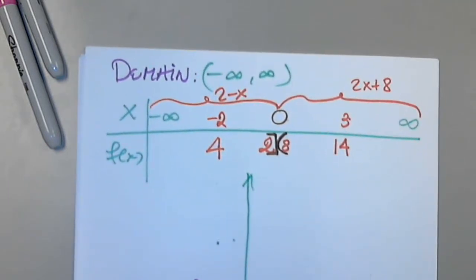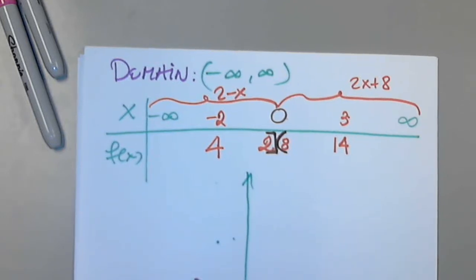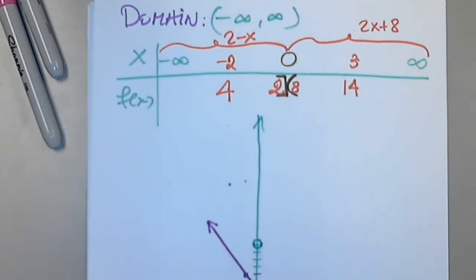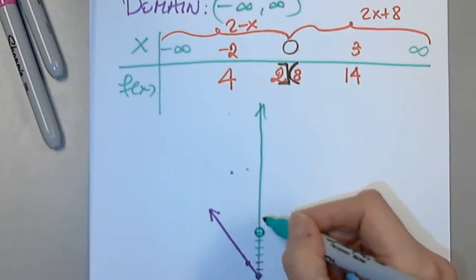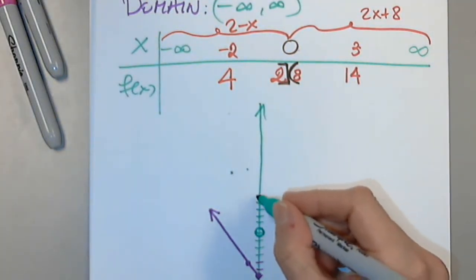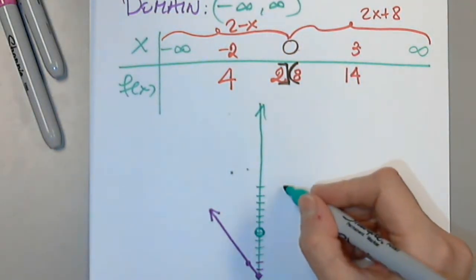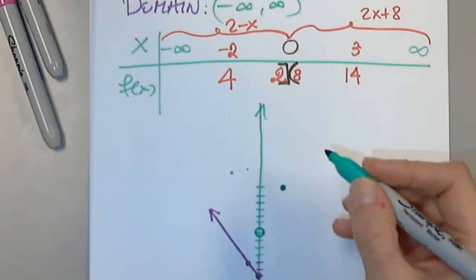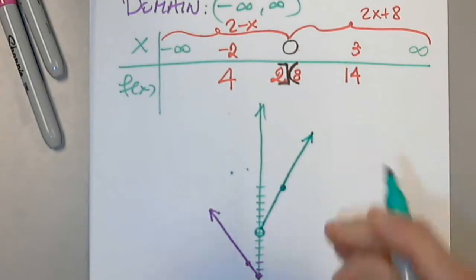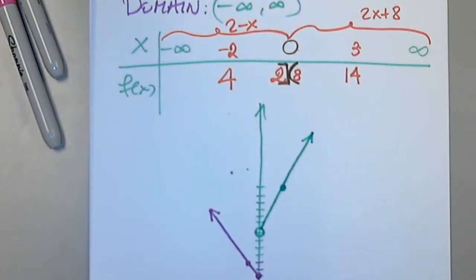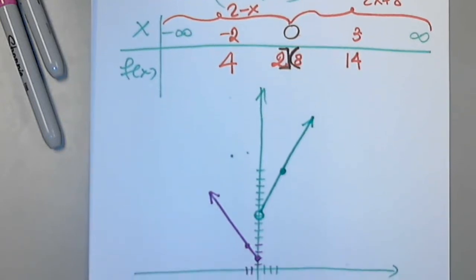Now, on the other side, you will say, plot what first? Open point of 0, 8. And then 3, 14. You understand that the purple graph, one more time, cannot go to the other side.